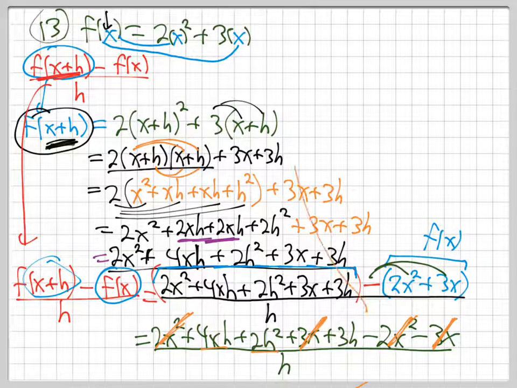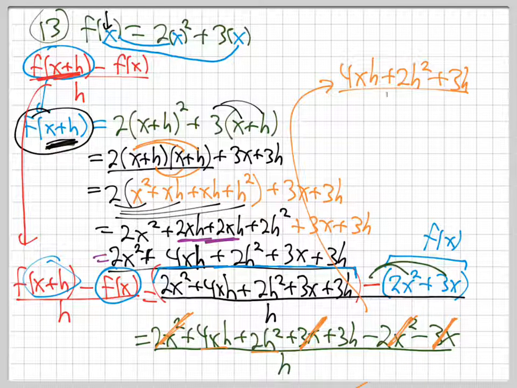All right, we're almost done. What do we have left here? 4xh plus 2h squared plus 3h, all over h. Now, what do you do with that? They're all divided by h, aren't they? It's like the h is underneath all three of them. So it's going to cancel an h from all three, isn't it?